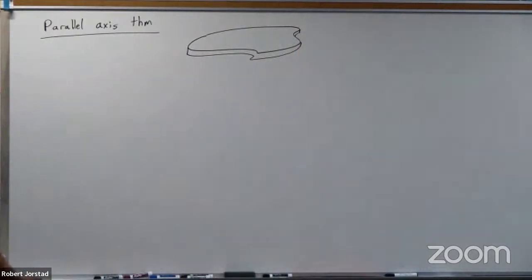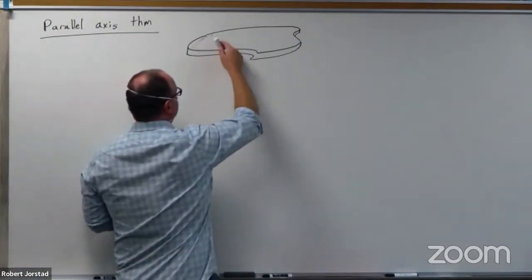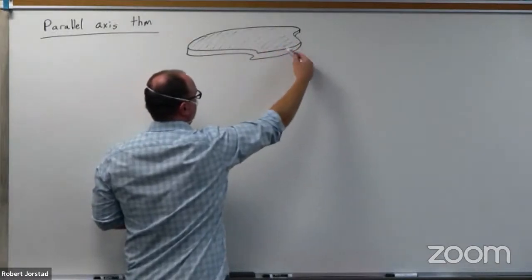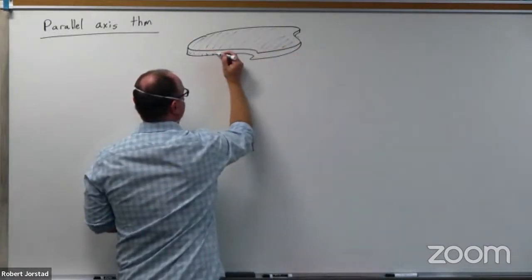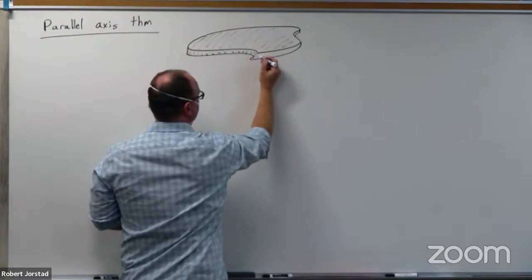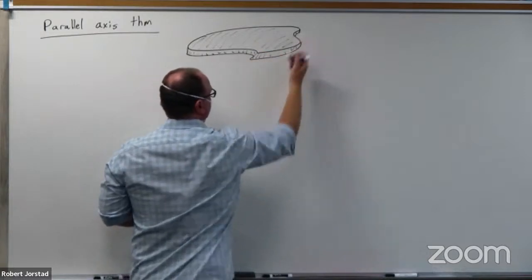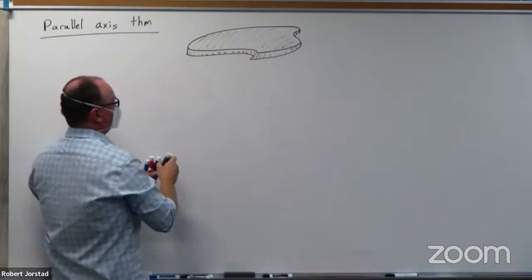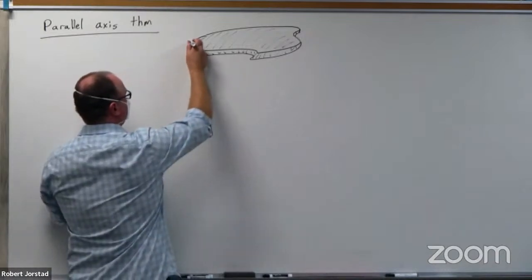Okay, so that's supposed to be a plate. I don't know if it's uniform or non-uniform. But somehow, let's say I'm rotating it about this axis right here.